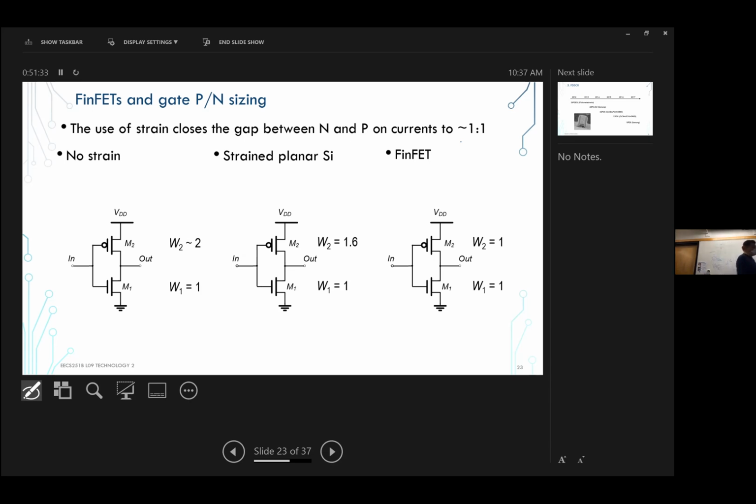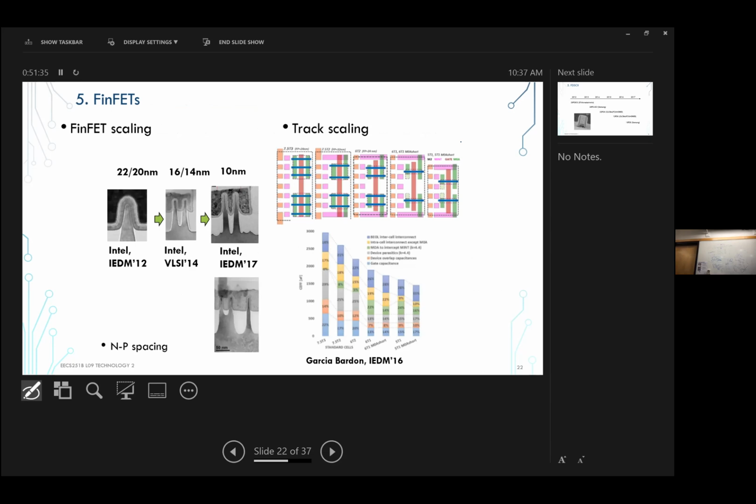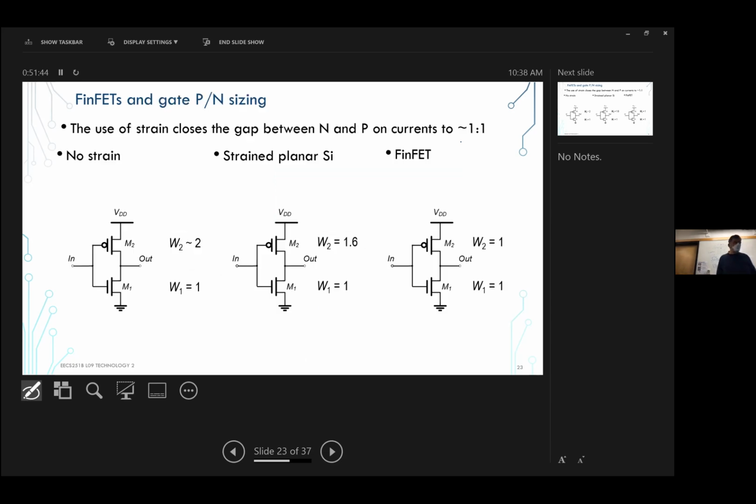If you look at all the standard cells, as evidenced over here, they're all sized 1 to 1. I don't see a 1.5 or 1.6 ratio between N's and P's. So keep that in mind. They're completely equal.